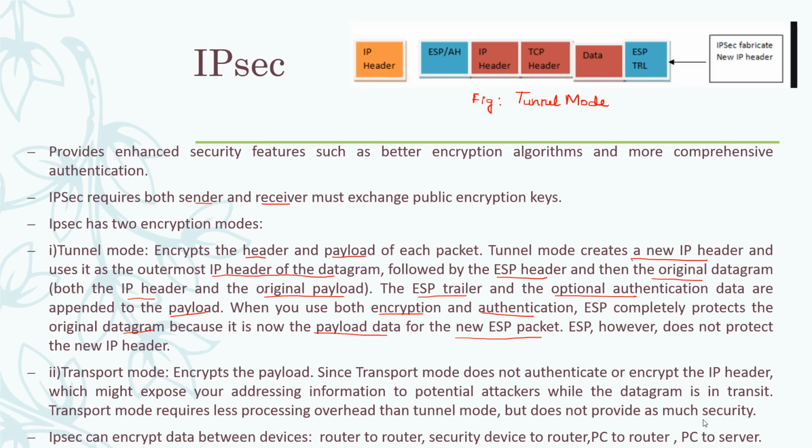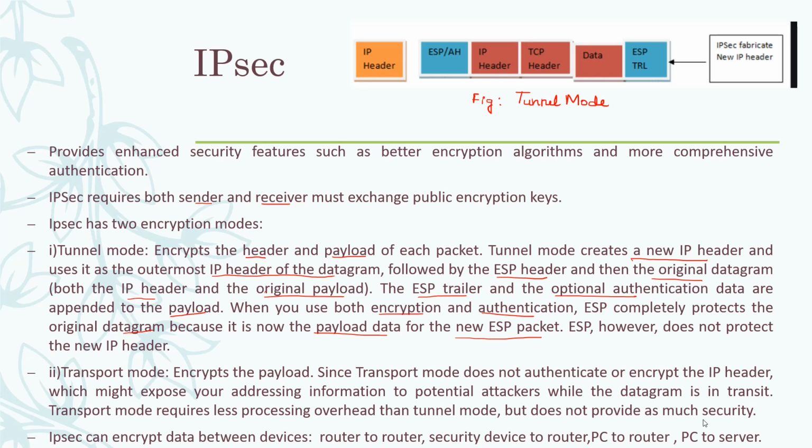This entire packet is again encapsulated with the new IP header. So tunnel mode creates a new IP header and uses it as the outermost IP header of the datagram. So now we can say that the new IP header is not protected by the ESP.